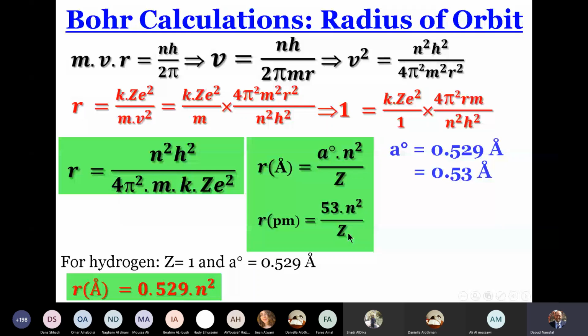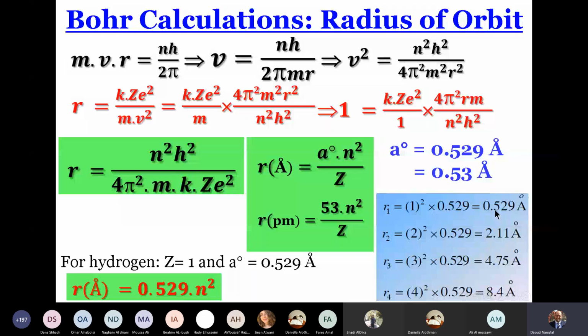Our case is hydrogen. In hydrogen, Z equals 1, so the radius in angstrom equals 0.529 n square. Suppose that the electron is in orbit 1, so orbit 1 is distant from the nucleus by 0.529 angstrom.